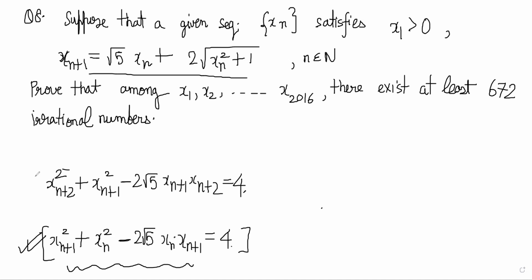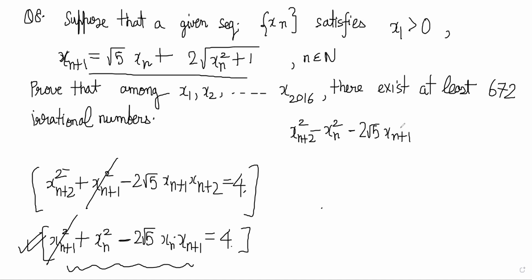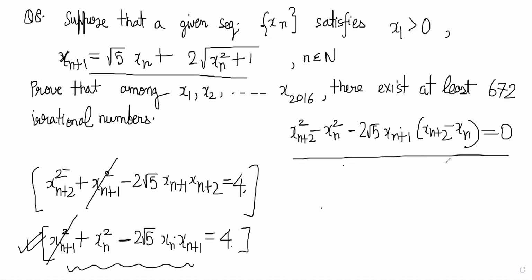Okay, so we have two similar looking conditions. If I subtract now, I will get (x_{n+2})^2 - x_n^2, and this gets cancelled, and we get minus 2 root 5 x_{n+1} common, and we have (x_{n+2} - x_n) equal to 0. This is coming by subtracting this minus this, right?